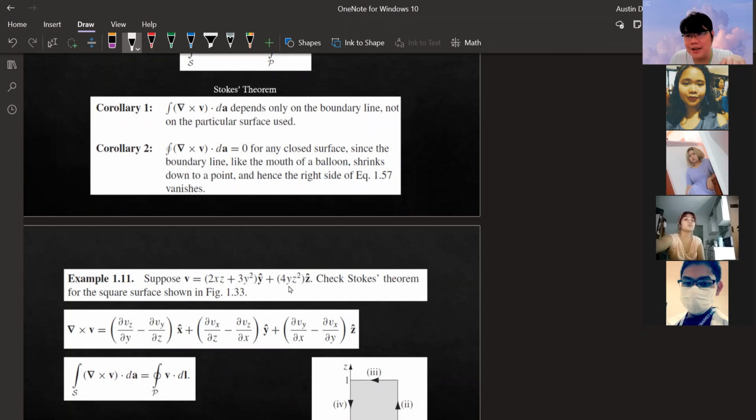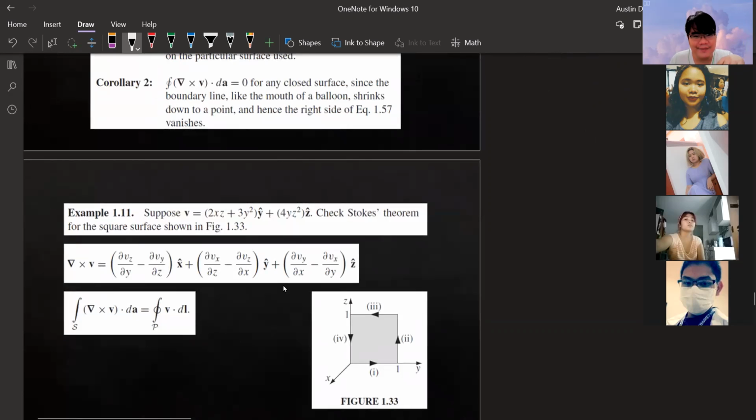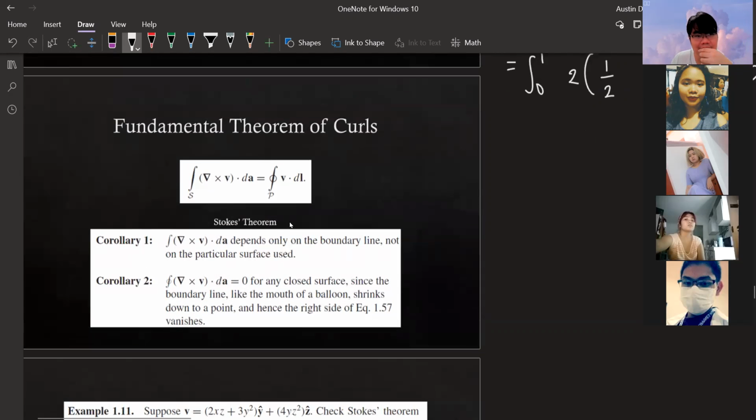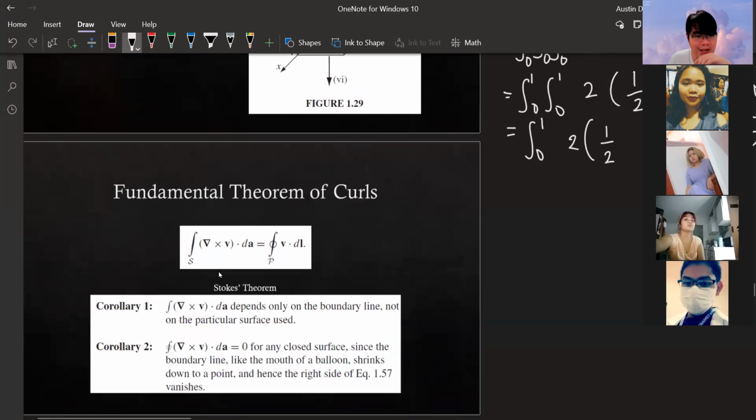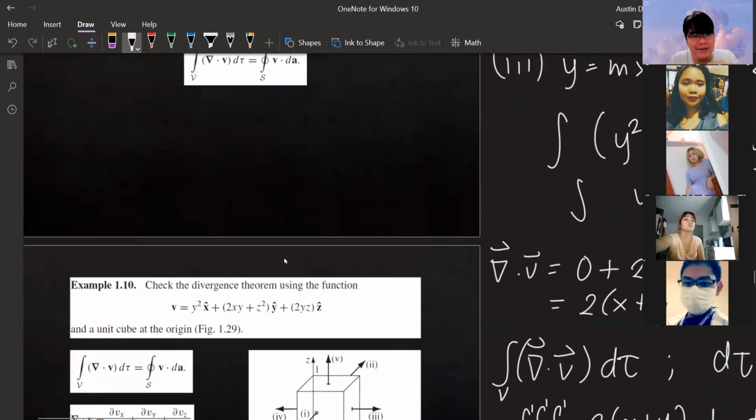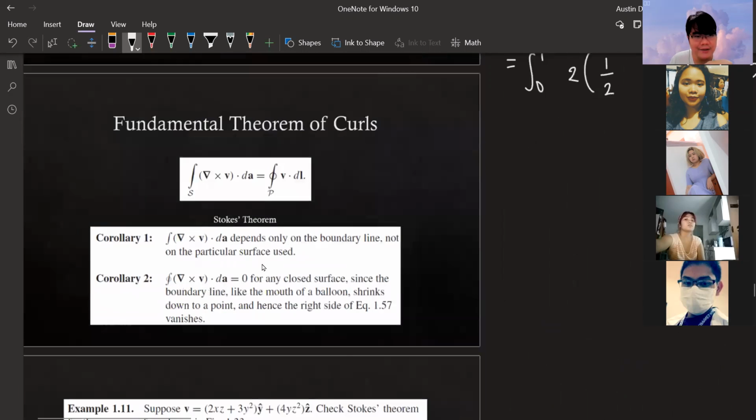Siyempre, ito na naman yung example natin na mahirap. Nakakapagod. Okay? So, suppose daw na we have this vector V. And check natin, ang tawag din dito minsan is Stokes theorem. Okay? Or pag gustong pahirapan sarili mo, fundamental theorem of curls. But we can just have it as Stokes theorem. Ito naman, divergence theorem lang, yung shortcut niya.